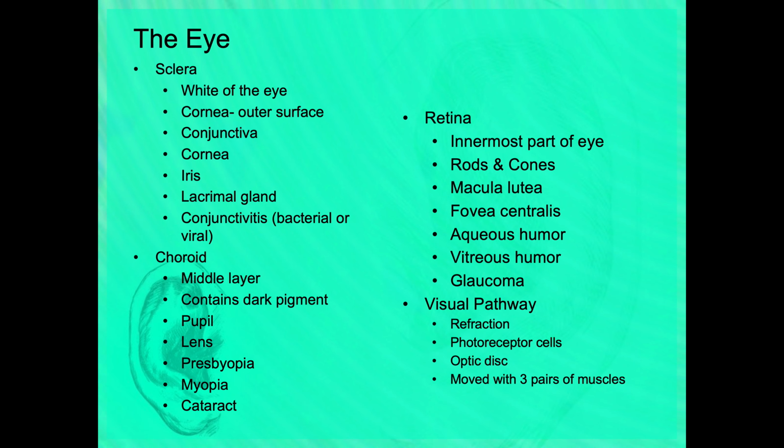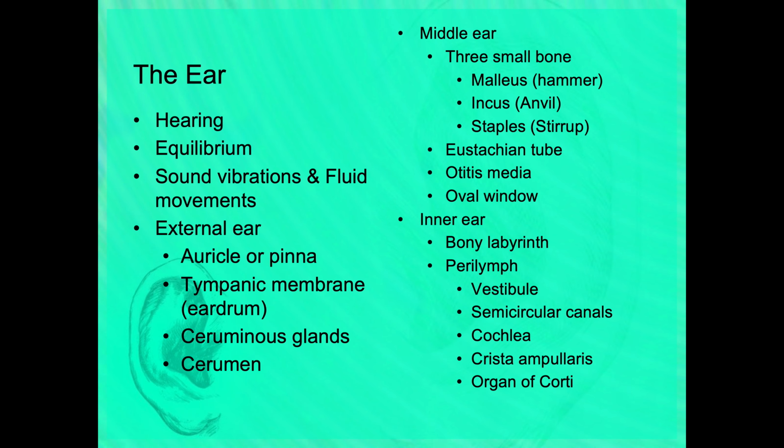It's really simple to fix. Usually the docs will go ahead and knock it out, give a little cut to the cornea itself, drain it on out. It usually seals up on its own. They'll put a little anti-inflammatory drops in there, and then let the patient go about their business.